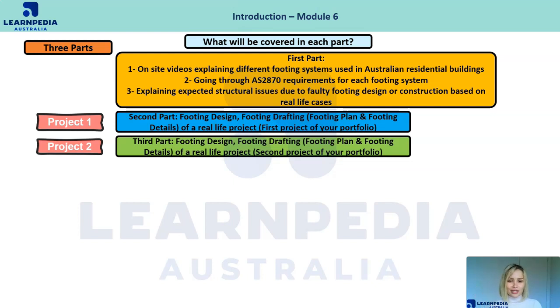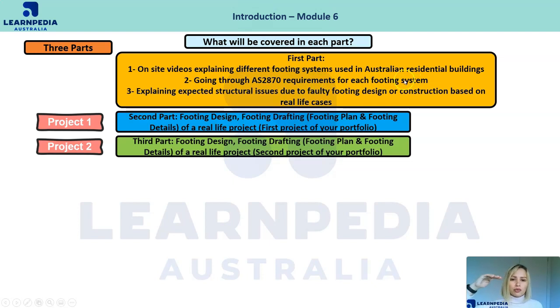Now, in Module 6, I have three parts. In the first part, I'll have some on-site videos explaining different footing systems used in Australian residential buildings. Then I go through AS 2870 requirements for each footing system.